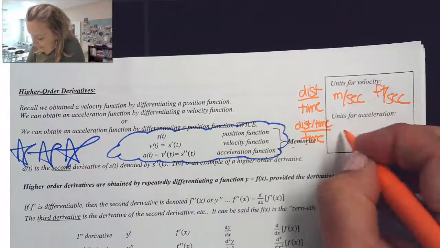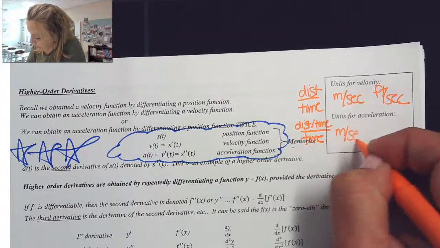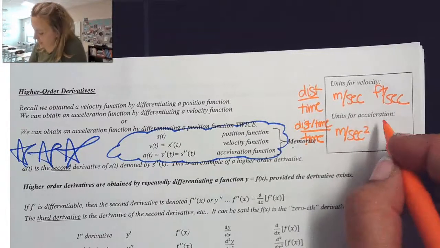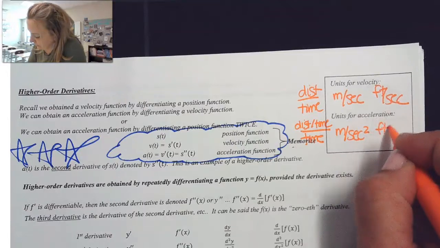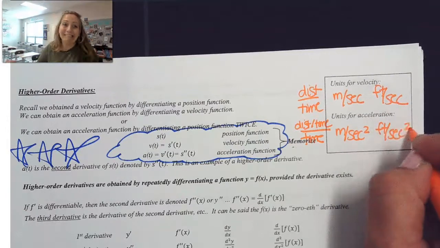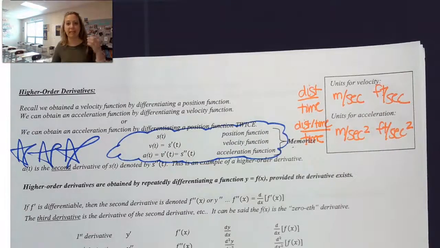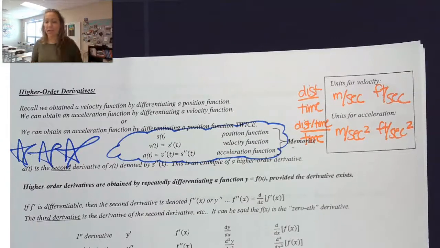So that means that we end up with meters per second squared or feet per second squared. And technically, we're supposed to say meters per second per second. So forgive me if I keep saying per second squared, but we are supposed to say meters per second per second. So get on me if I don't say it correctly.